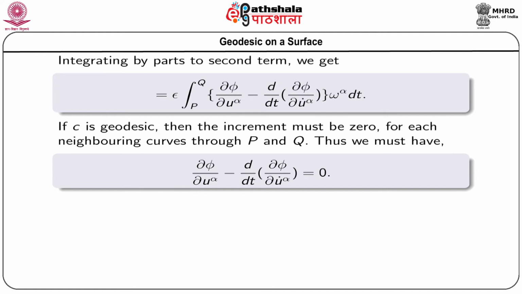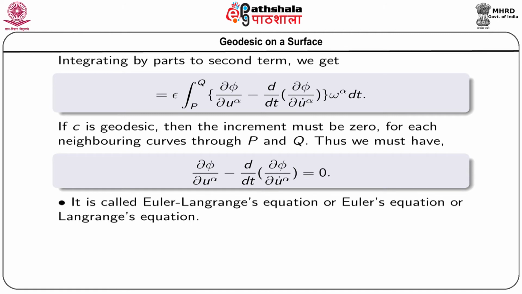Now, this equation has great importance in mechanics also, and it is called Euler-Lagrange's equation, or Euler's equation, or Lagrange's equation. This is the equation in partial derivatives of φ: ∂φ/∂u^α − d/dt(∂φ/∂u̇^α) equals 0.